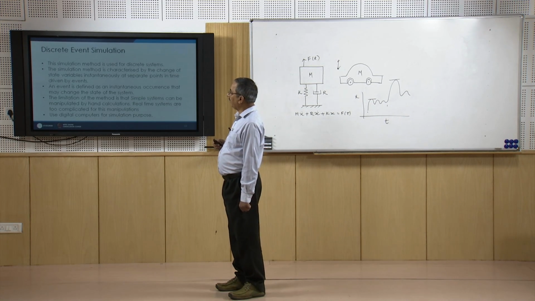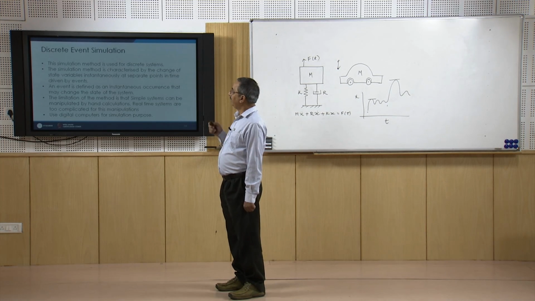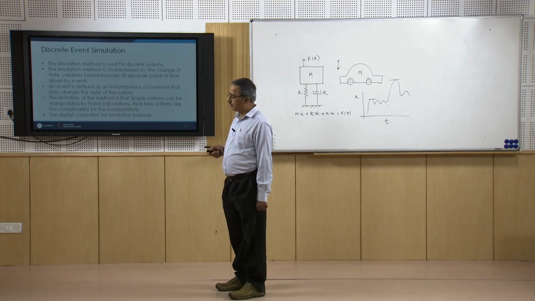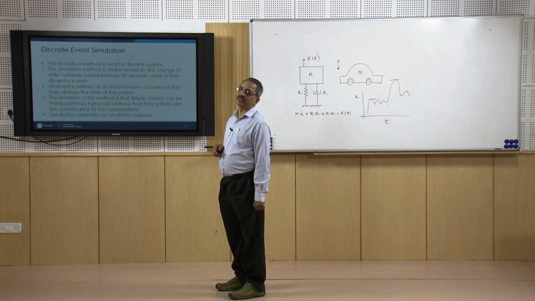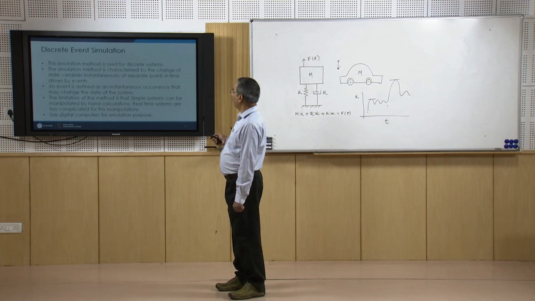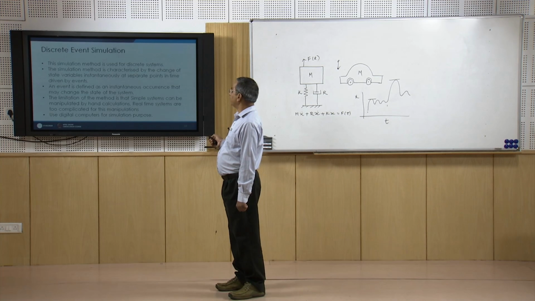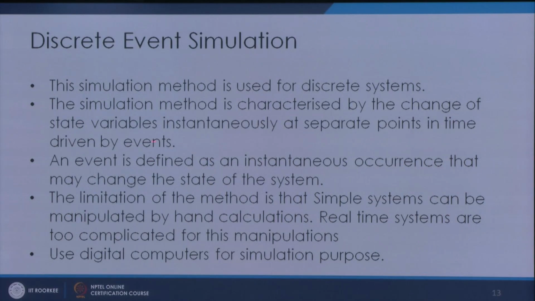Now, coming back to discrete event simulation, this simulation method is used for discrete systems. The method is characterized by the change of state variables instantaneously at separate points in time, driven by events.